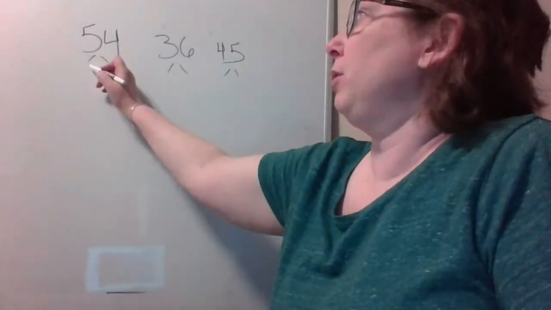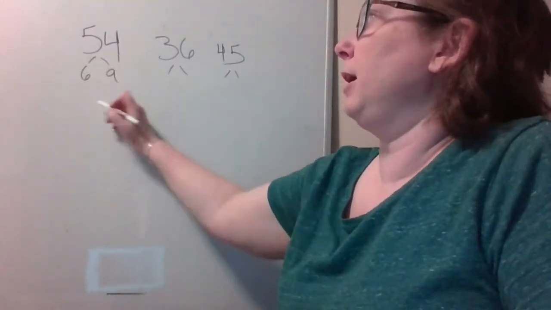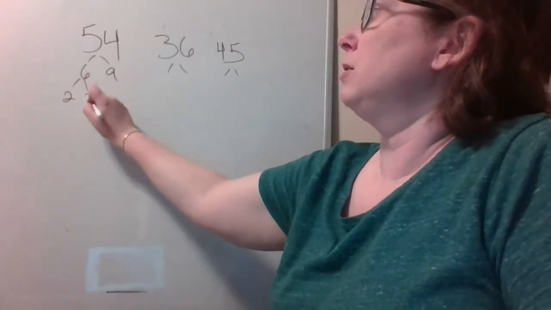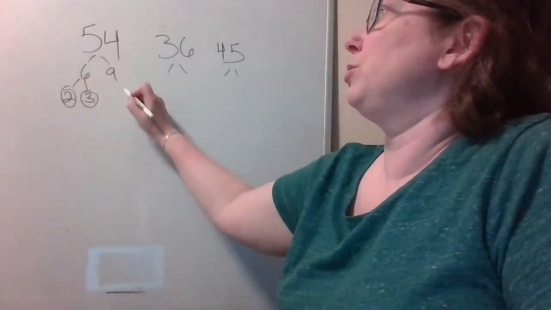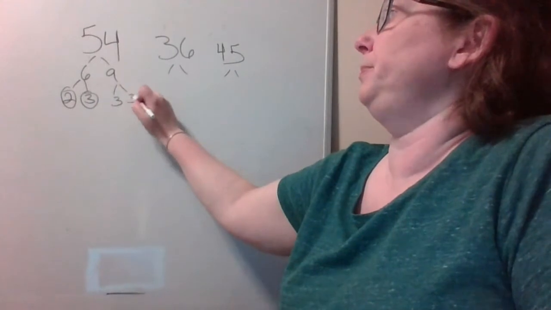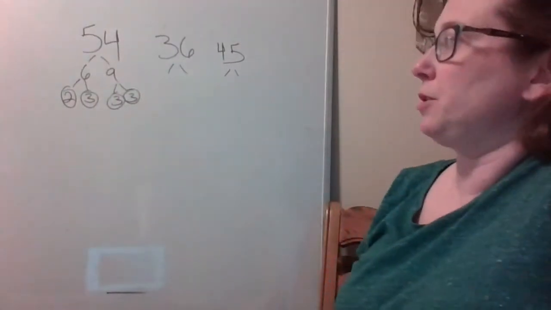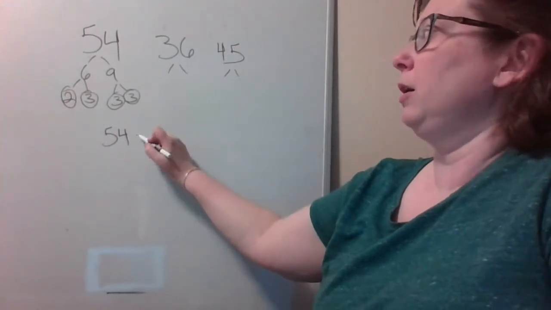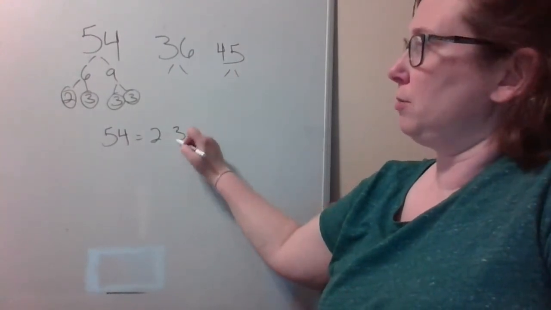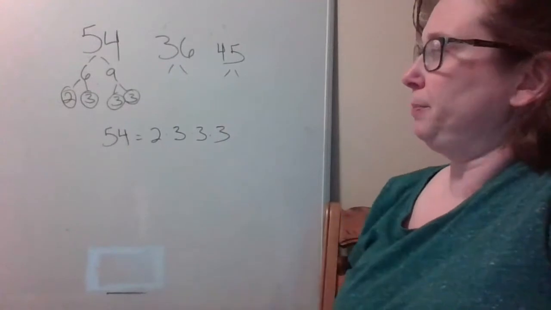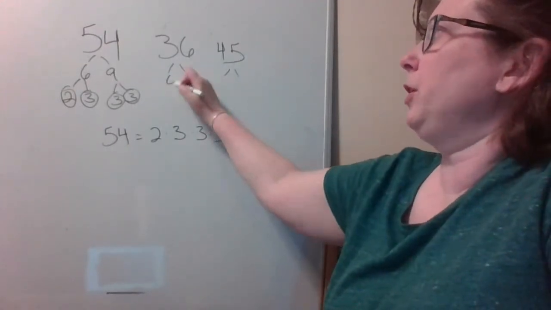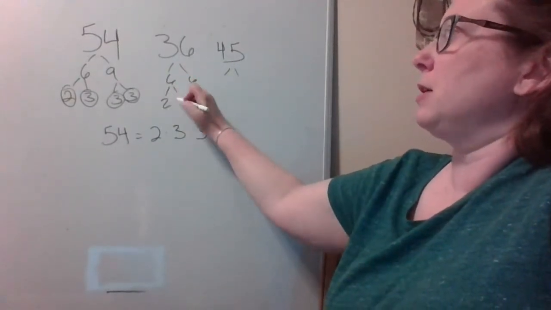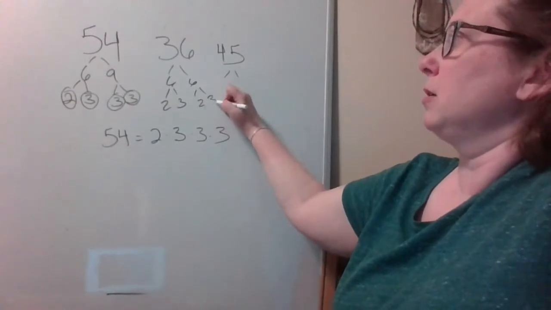So for 54, we can say that 6 times 9 is 54. This breaks down into 2 and 3. And this one is 3 and 3. So 54 equals 2 times 3 times 3 times 3. 36, 6 times 6.